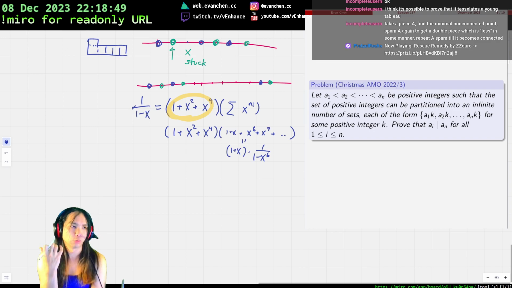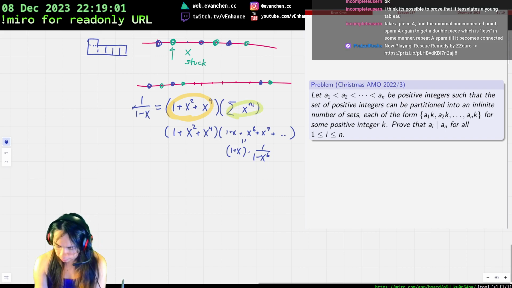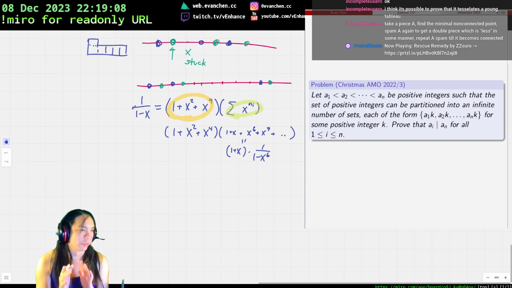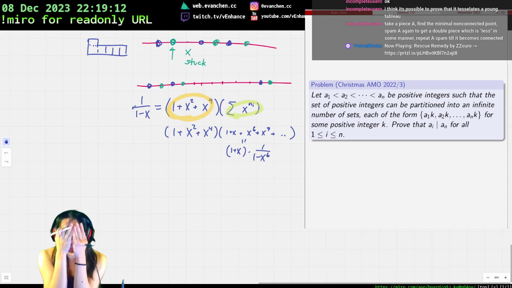Any root of absolute value less than 1 that also causes this yellow thing to not be 0, I think. When I plug that in, this thing will converge to something, and this thing will equal 0, but the left hand side is non-zero. Pray to the gods of generating functions. This is something I've never figured out. I am so scared to plug numbers into generating functions because I never got the formality right. But I think this should be okay here: you plug in one of those roots and it's bad.